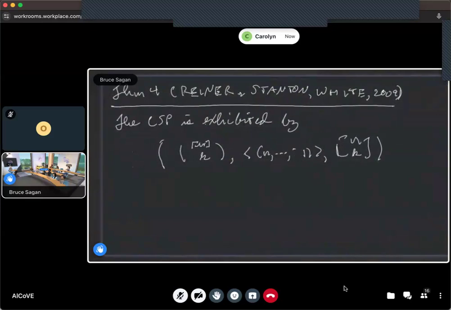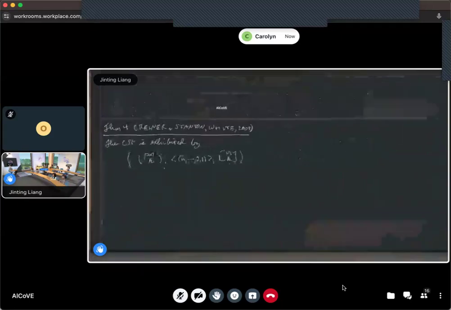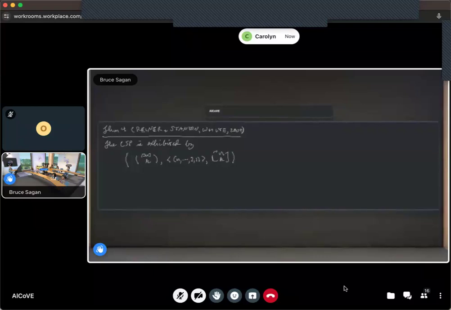Bruce, I do have another question. I understand that the theorem that you're going to prove relates back to the CSP of the rotation on bit strings. Yes, and it's because of that, remember when I was talking about how you get between bit strings and sets using this beta map, the equivariant map? That's the connection.